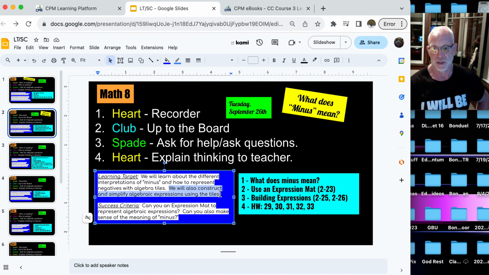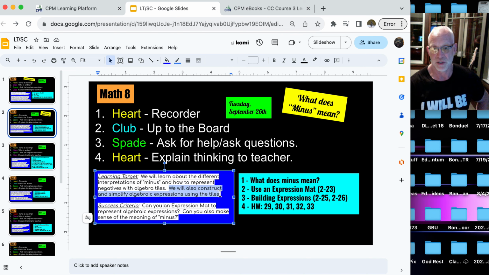Or you could remember that this is the opposite. One way that we can describe minus is opposite. So this is the opposite of this. So we could just say the opposite of +3 or the negative of +3. Both of these things mean -3.